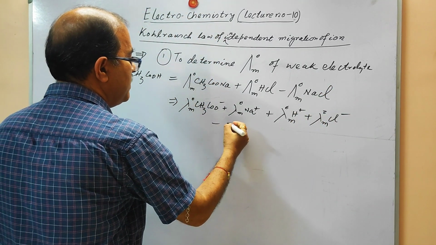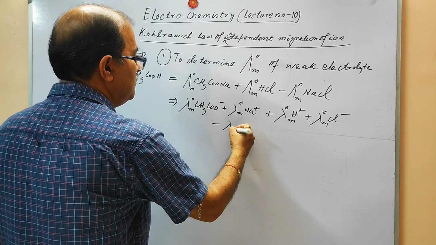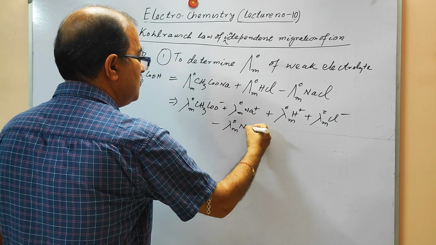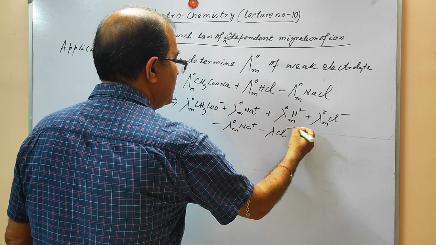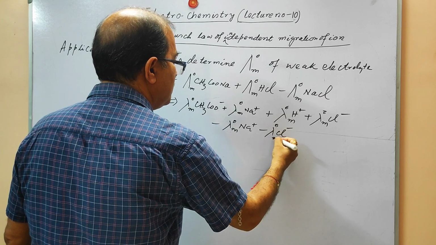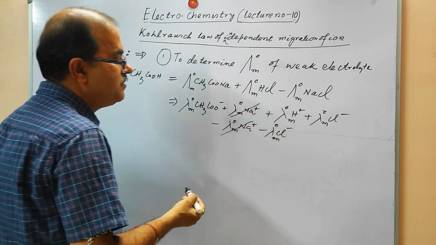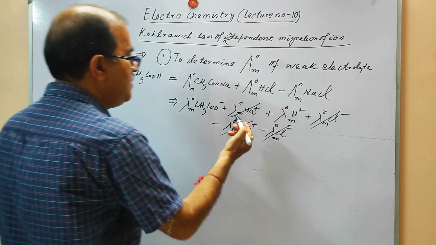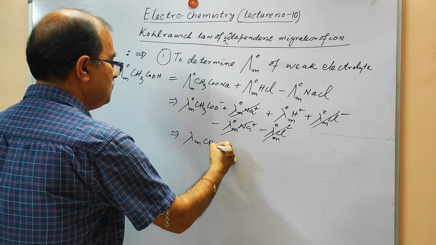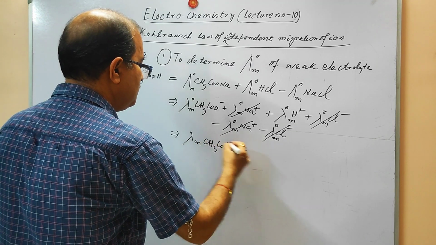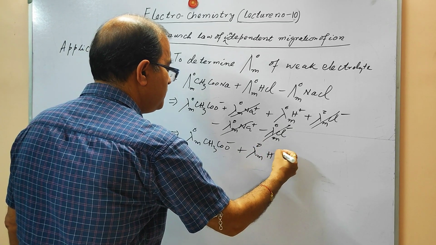Okay, then we can apply this for this initial. Now we can see this will be cancelled, this will be cancelled, and it will be left with this.